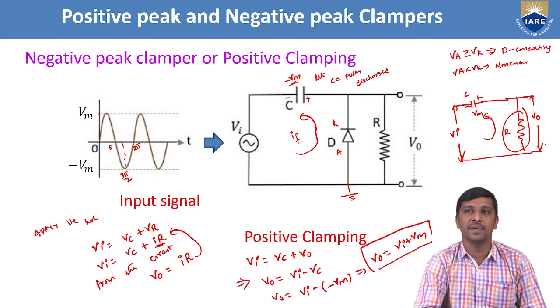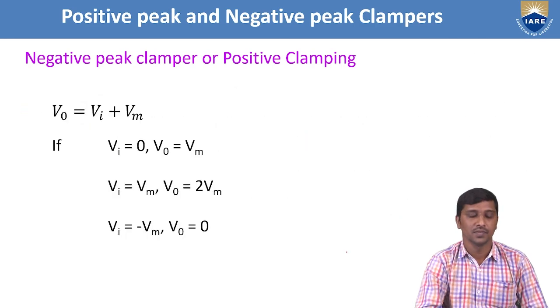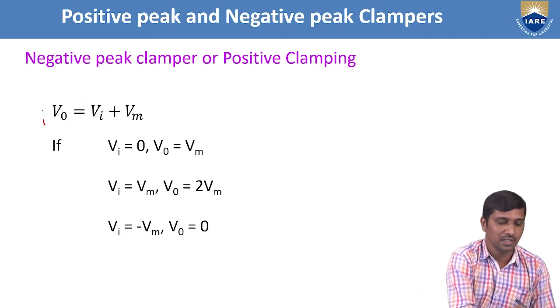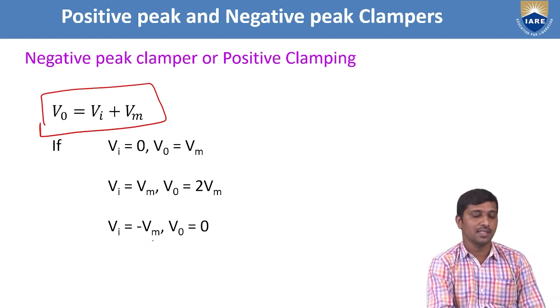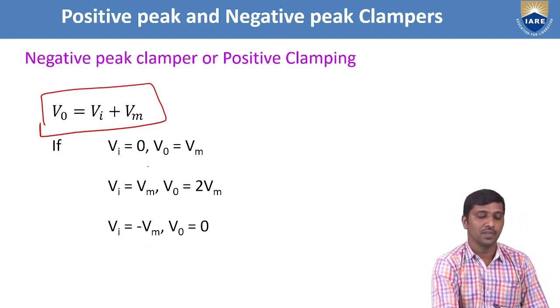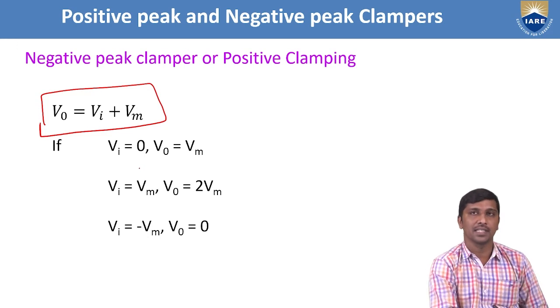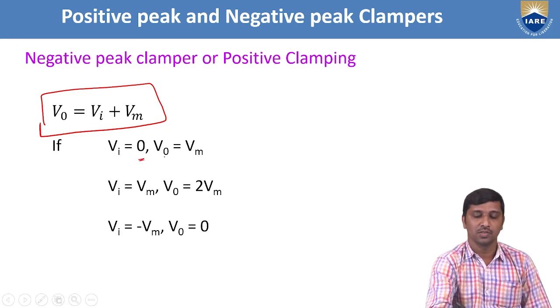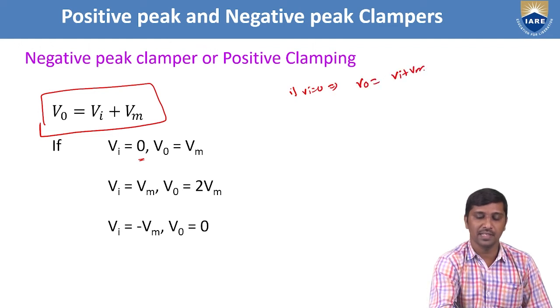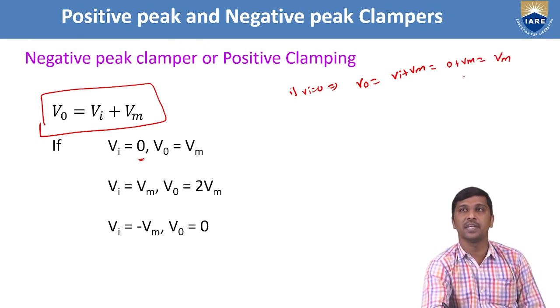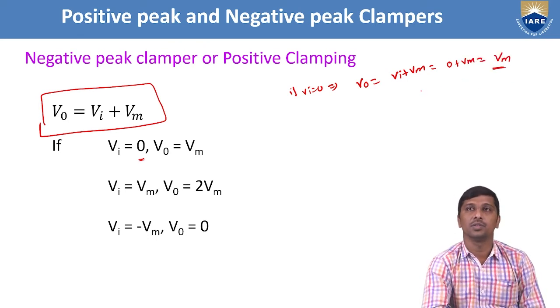Now we'll see what happens with respect to the magnitudes. We observe this mathematical relation: V0 is represented as Vi plus Vm. If Vi is 0, then V0 is 0 plus Vm, which becomes Vm.